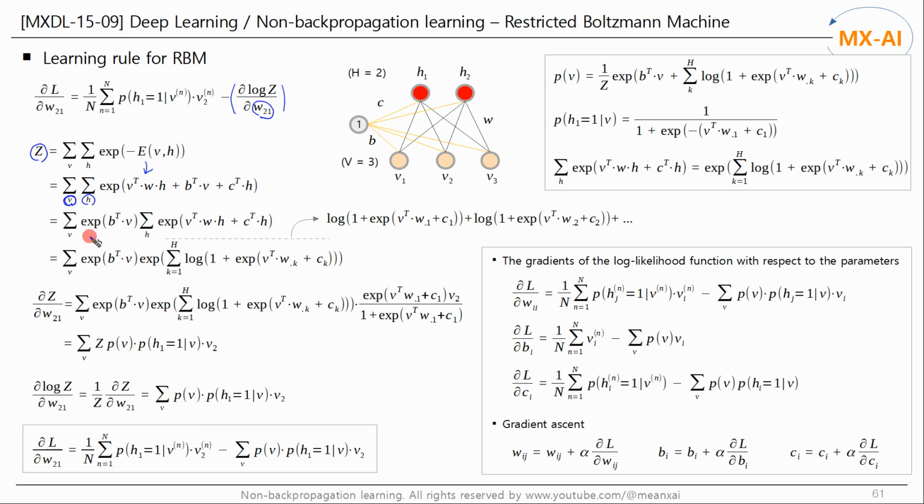If we reorganize this using this expression as we did in the previous slide, we get the following. And if we differentiate Z with respect to W21, we get this. Here this is Z times P of V. And this is the conditional probability of H1 being 1 given V times V2.